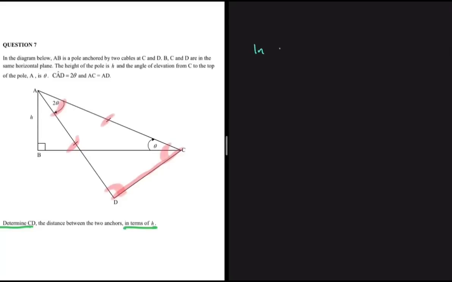So we're saying that in triangle ADC, we have 2 theta plus angle ADC plus angle ACD being equal to 180 degrees.